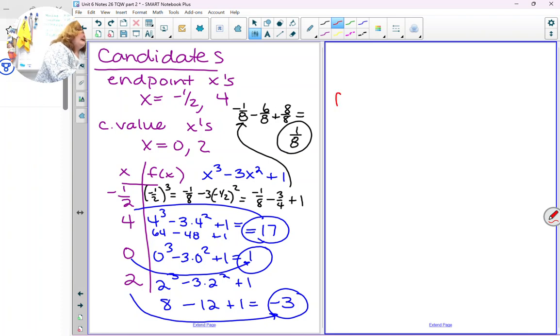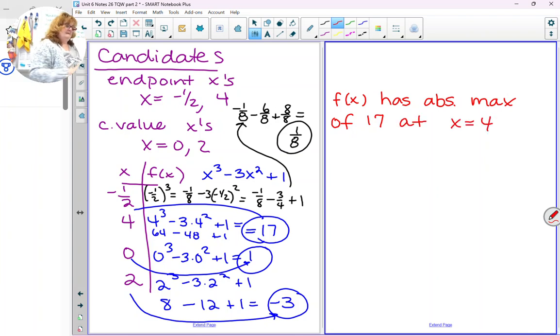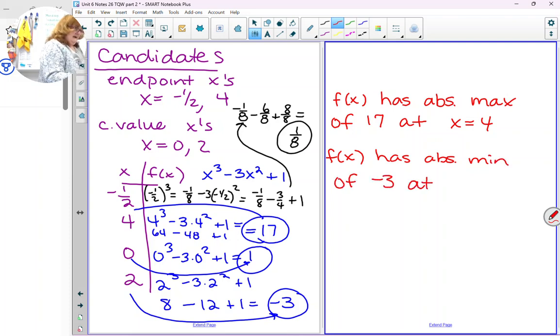I say my f of x function has an absolute max of 17 at x equals 4. F of x has an absolute minimum of negative 3 at x equals 2.